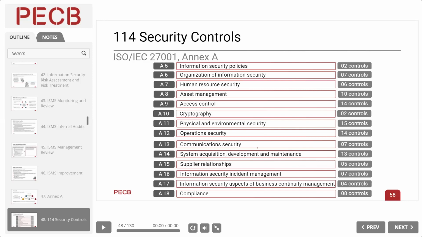So under ISO 27001, we only look at the information security aspects of business continuity, meaning that when you invoke business continuity, we expect that you have information security controls still operating so that there's business continuity of the information security control. And then the last one is compliance.